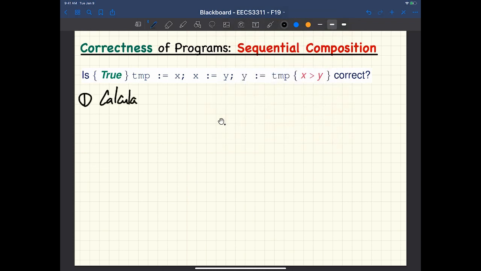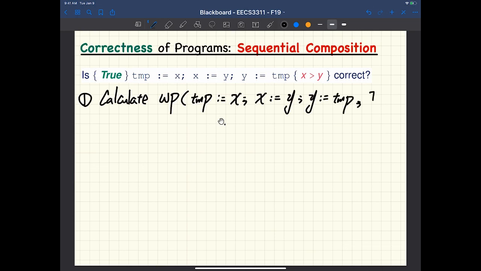Calculates the WP for temp is assigned to X, followed by X is assigned to Y, followed by Y is assigned to temp. And what we want to establish at the end is X larger than Y. Calculate that first. And step number 2, you want to make sure true implies that. Okay? That's an overall picture.